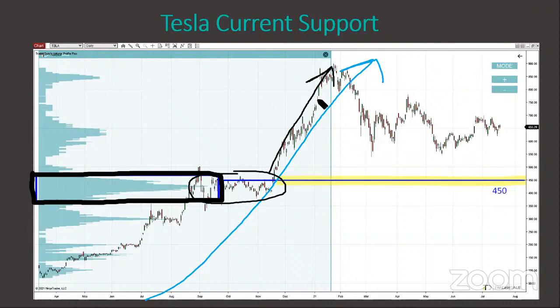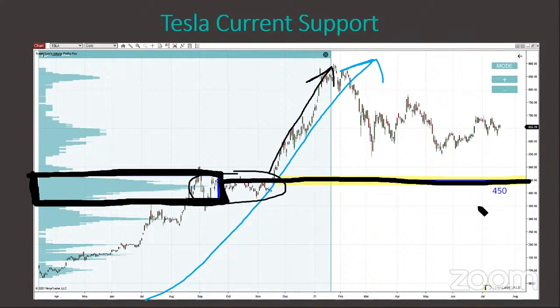So this tells me that strong institutional buyers, maybe Elon himself, were buying massively in here. And this zone should work as a strong support around 450. So if the price drops here, then this will be a nice opportunity to invest in this stock.